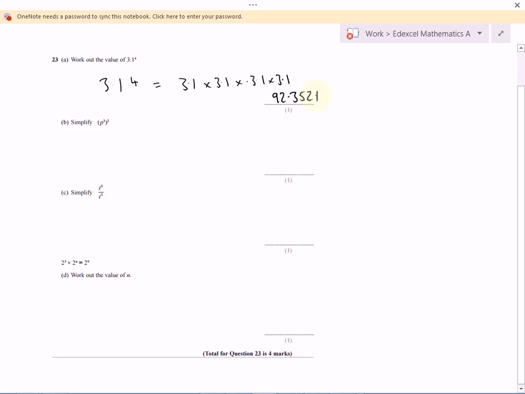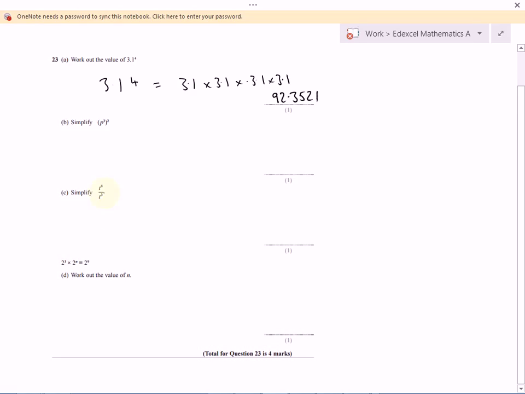Okay, so we'll come back to part B, because I think this is the hardest one to explain. It's easy to do, but it's easier to explain if we do these ones first. Okay, so simplify t to the power 8 divided by t to the power 3. Simplify means we can make this expression a little bit simpler.